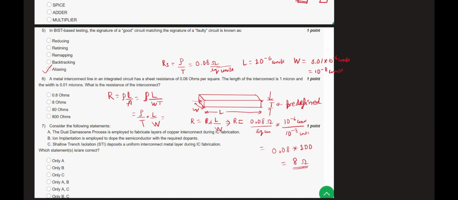Rho L by A will become L by W, rho upon T. Yeah, this is what I am getting.